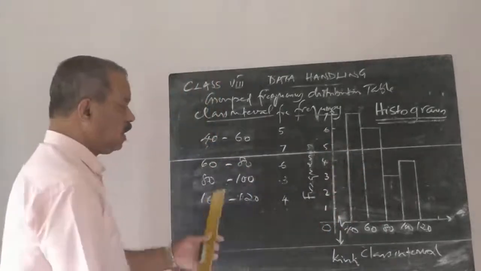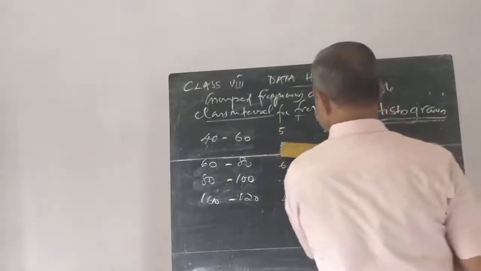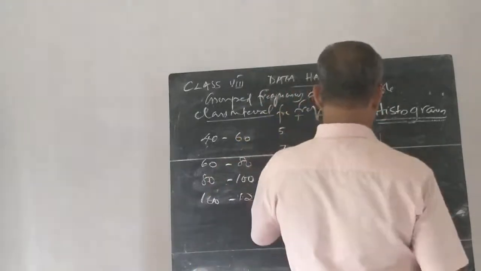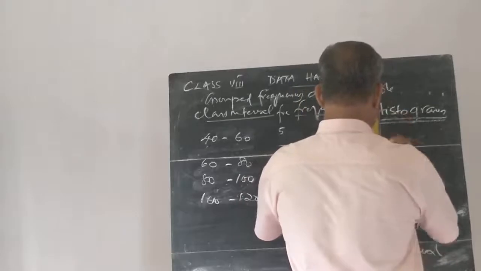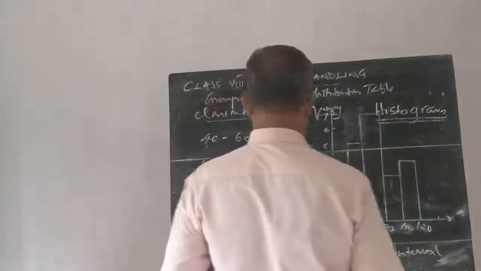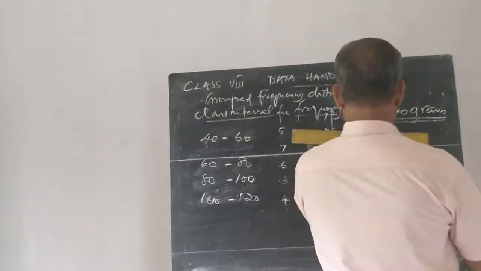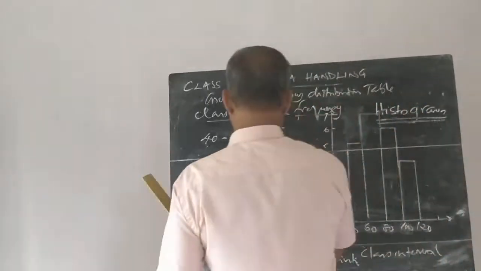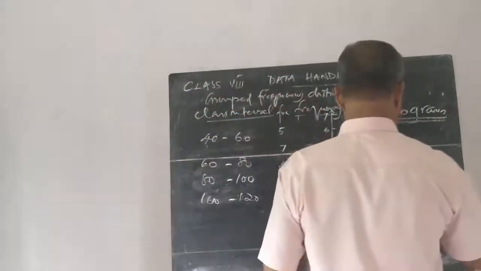We can avoid this. And then 60 to 80, then 80 to 100, then 100 to 120, and we get a new graph like this.